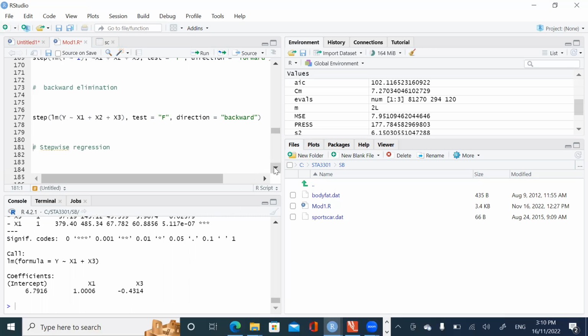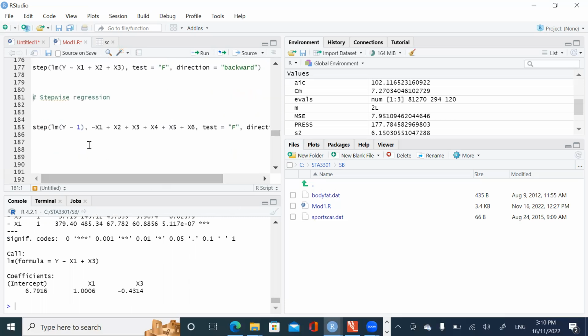And what about the stepwise? The stepwise method here is again similar to forward. It starts with the intercept model, and we have x1, x2, x3, and the direction here is both. Let's look at how it works.